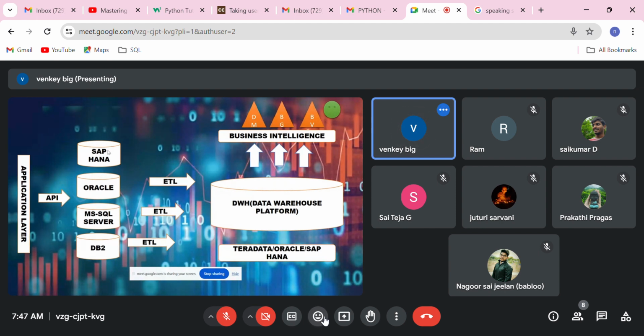If you see the technology stack, we have Teradata, Oracle, and SAP HANA as data warehouse systems. Even SQL Server is a data warehouse system. You see that on both sides we are using the same technology. You can ask, Venkat, you said DB2 and here also it is DB2 or Teradata.